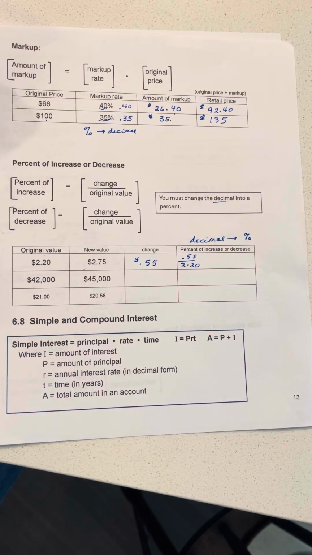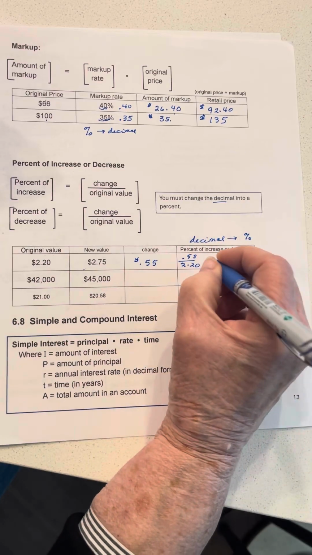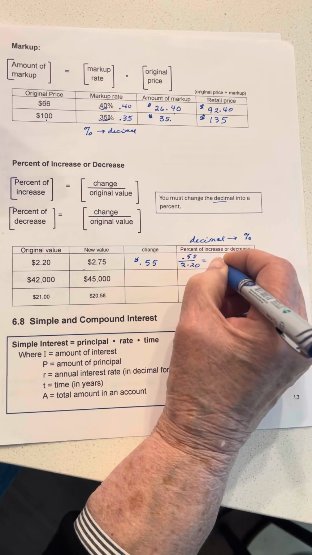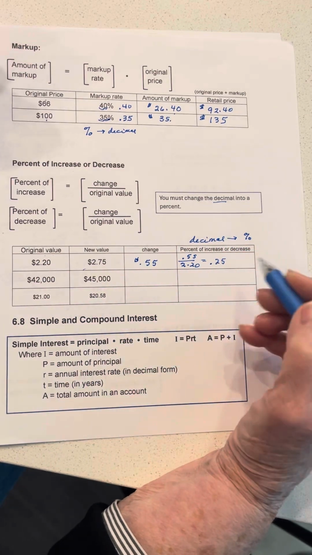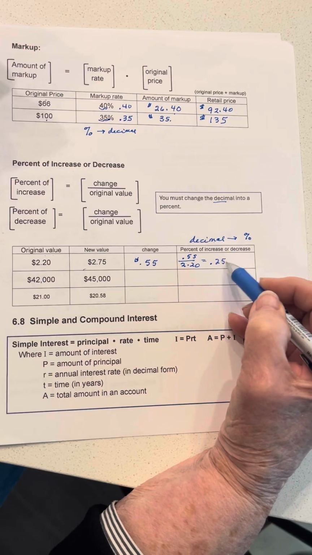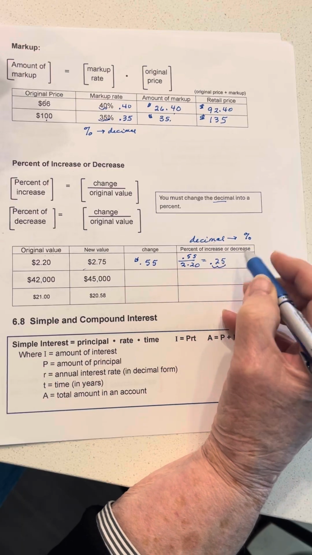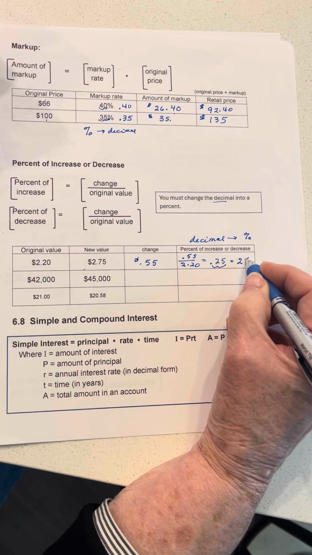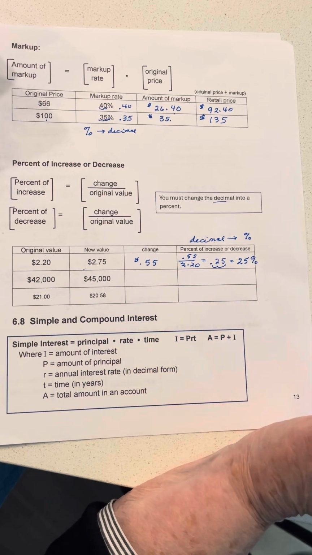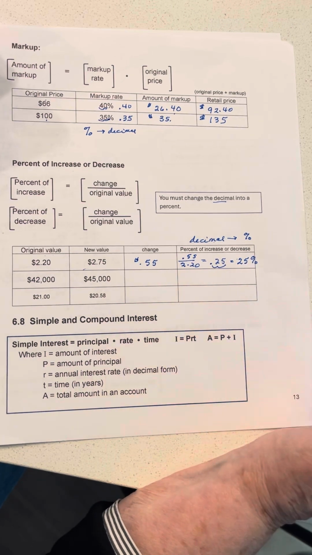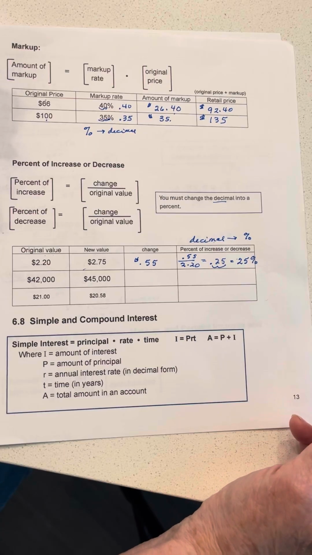So I'm just putting that in my calculator, and my calculator is saying this is the decimal. Now we're going to change this to a percent, so we're moving it to the right 2 places. And it has increased 25%.